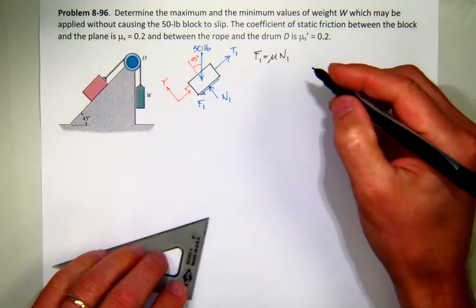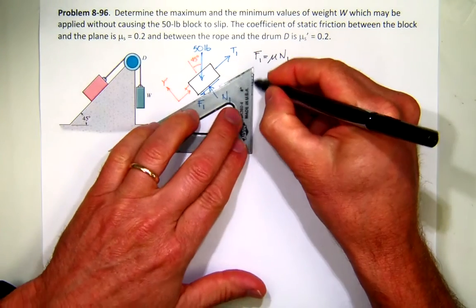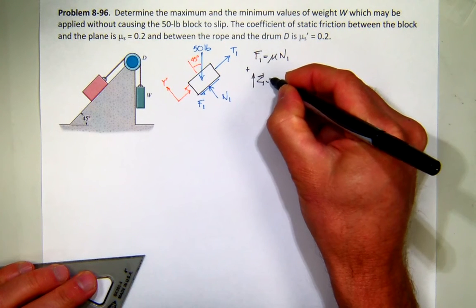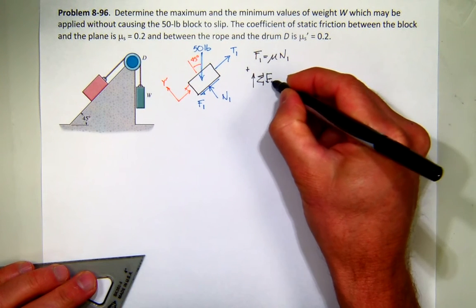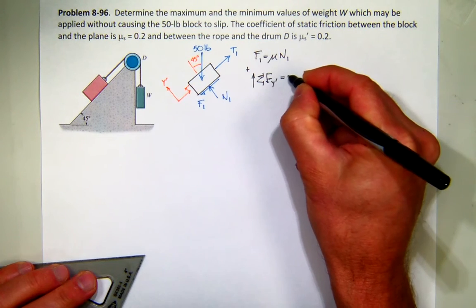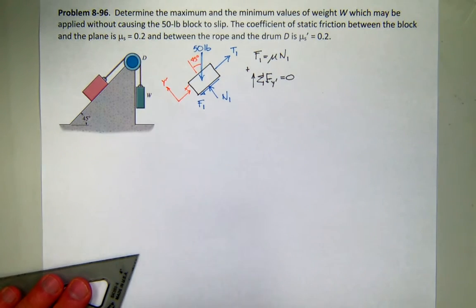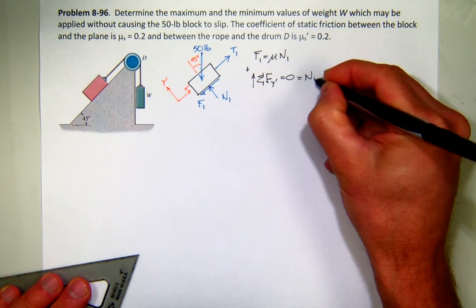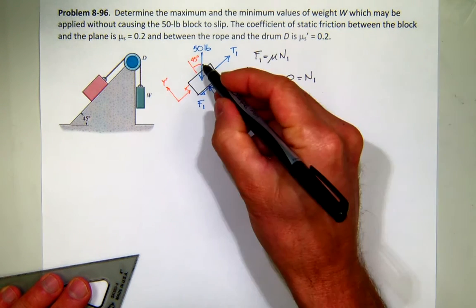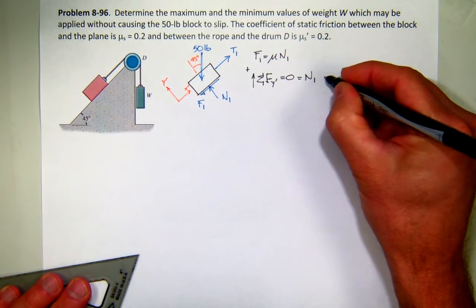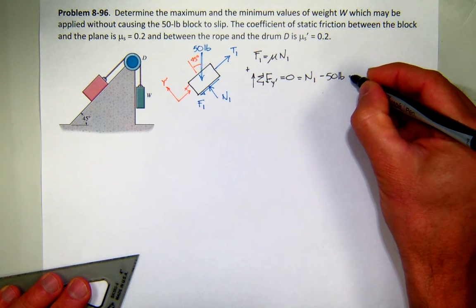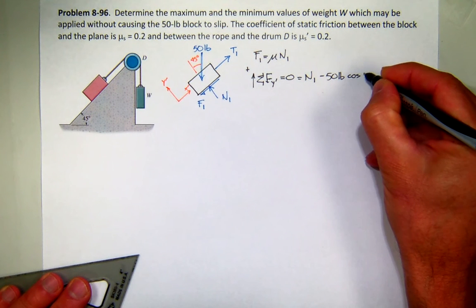So let's sum forces in that y prime direction. Make sure it's in equilibrium. So what do I have in the y direction? I've got N1 acting up, and then I have the y component of the load, which is acting down, which will be 50 pounds times the cosine of 45.